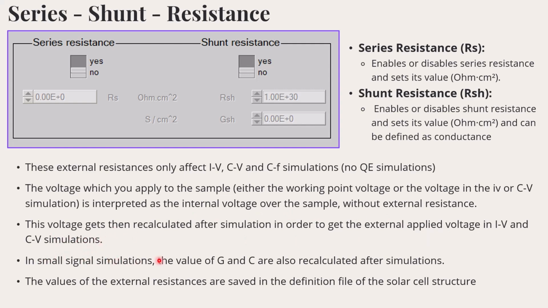In small signal simulations, the conductance value and the capacitance value are recalculated after simulation. The values of the external resistance are saved in the definition file of the solar cell. So once you enter the values for series resistance and shunt resistance, you are able to save them in the definition file in the simulator.